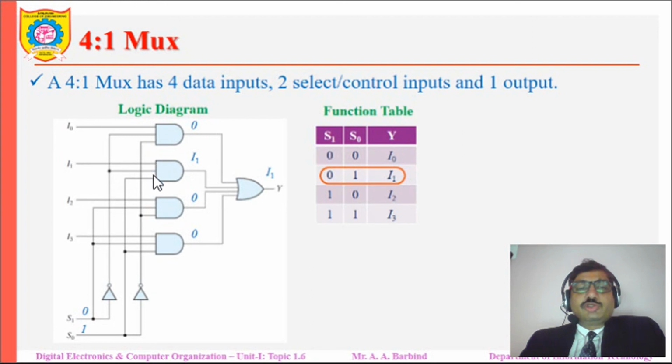So these two inputs are 1, 1, so I1 and 1 and 1 is I1, and here the final output is I1 or 0 or 0 or 0, that is I1.